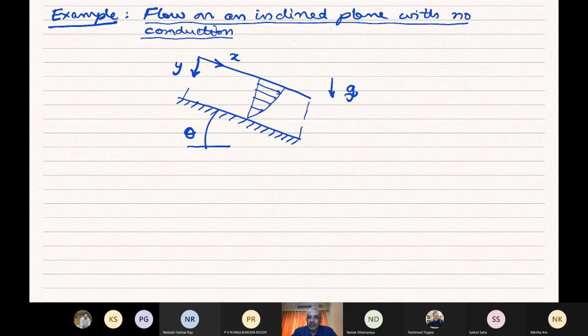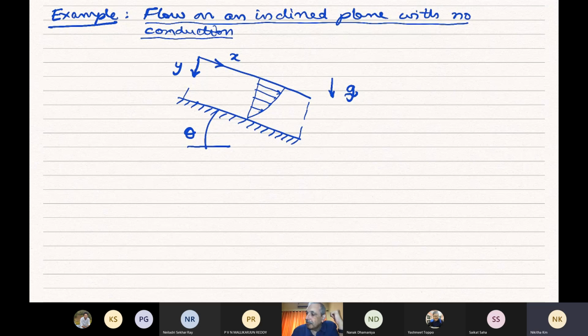So let me ask some questions to you all. Have you ever seen this kind of problem before for a fluid? Have you done the fluid flow problem for flow down an inclined plane? Yes, sir. Everyone has done this. Does anyone remember what sort of profile you get? Parabolic.